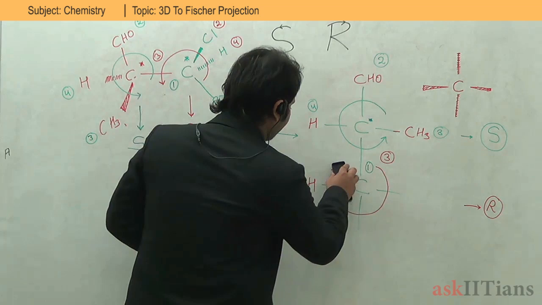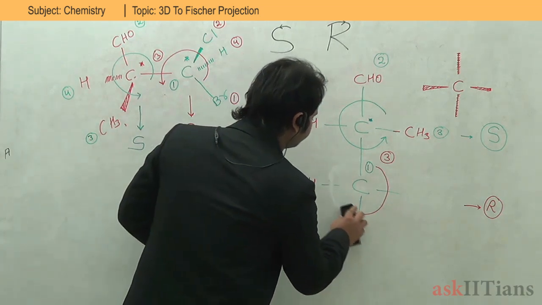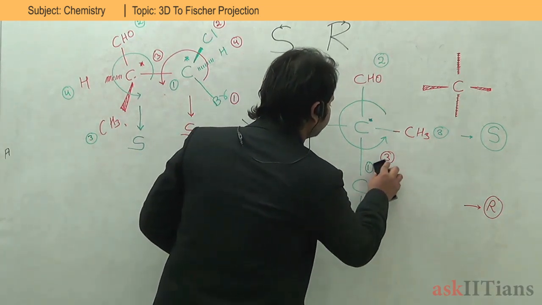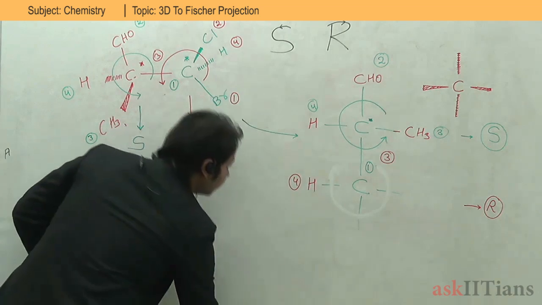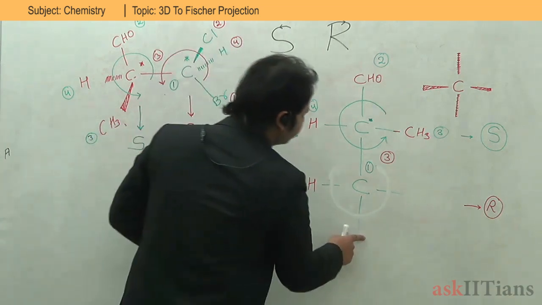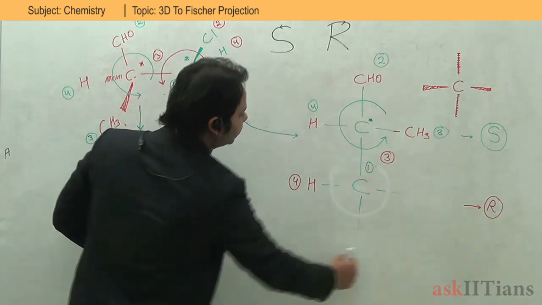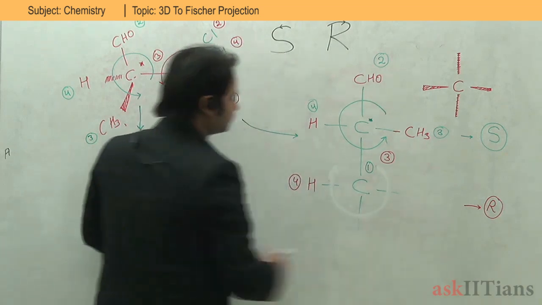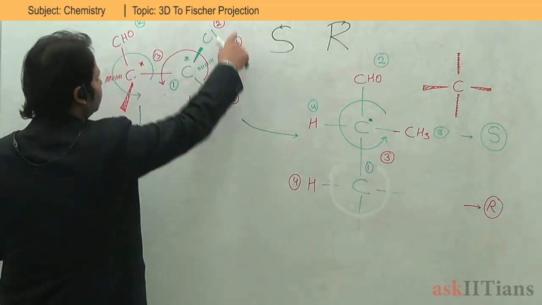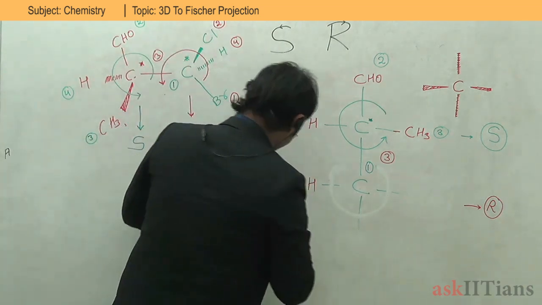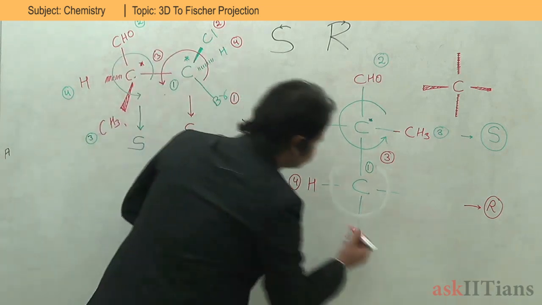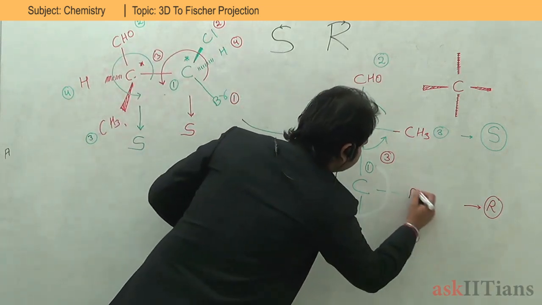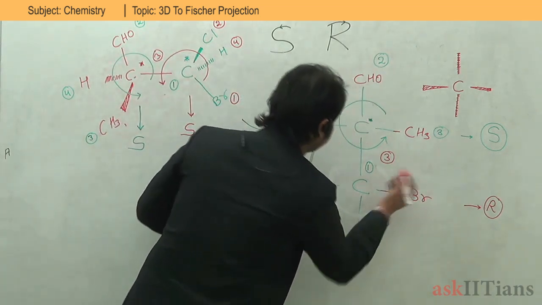If H is on the wedge position, you need to take the rotation from 3 to 2 to 1. How are you going to do that? If your second position comes over here, you will get the 3 to 1 rotation, and that becomes S, right? Which one is my second one? Second over here I am having Cl. So just put Cl over here, so that you get the S rotation, the anti-clockwise rotation.